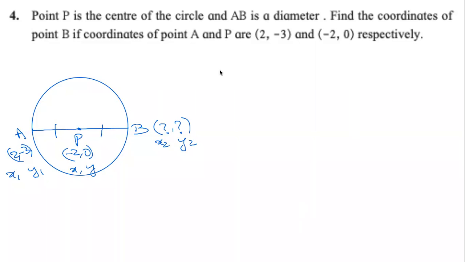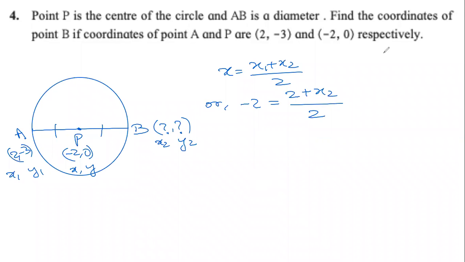Now the midpoint formula says x equals x1 plus x2 by 2. Be careful. What is x here? Here x is minus 2, which is equal to 2 plus x2, we don't know what x2 is, by 2. Similarly, y can be calculated as y1 plus y2 by 2.